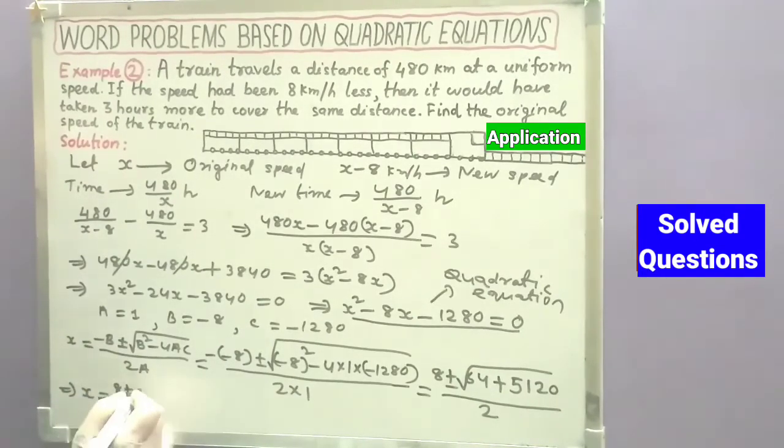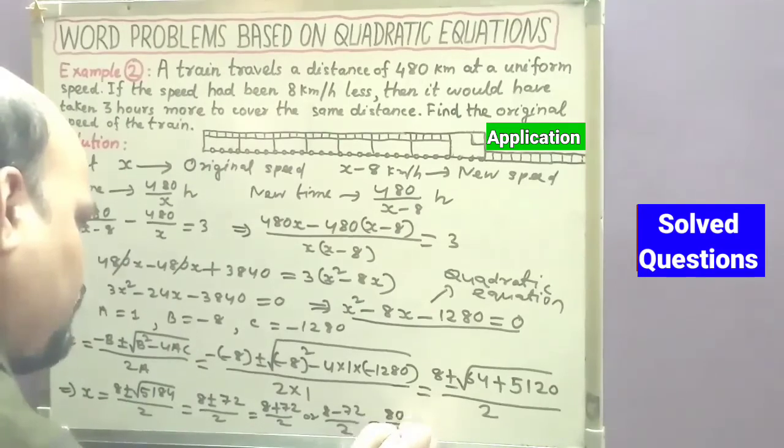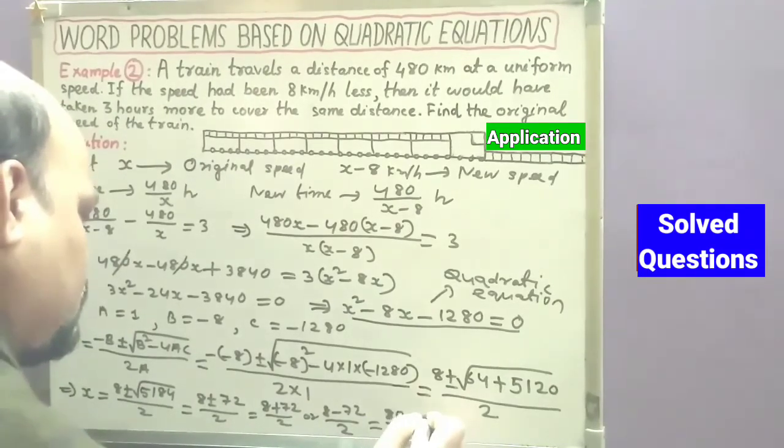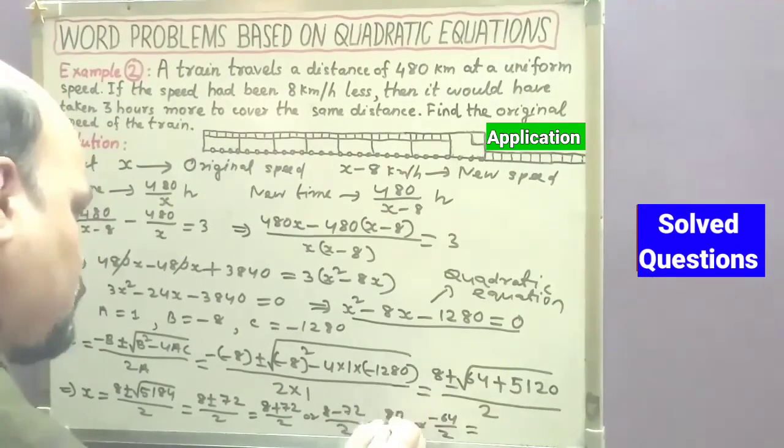That implies x equal to 8 plus minus square root of 5184 by 2, that equal to 8 plus minus 72 upon 2, because square root of 5184 equal to 72. That equal to 8 plus 72 upon 2 or 8 minus 72 upon 2, that equal to 80 upon 2 or minus 64 upon 2.